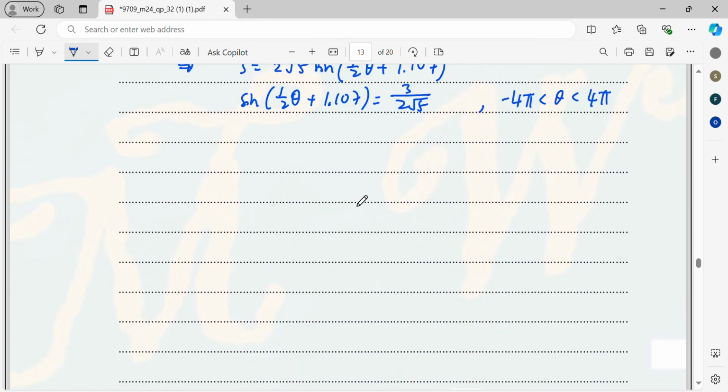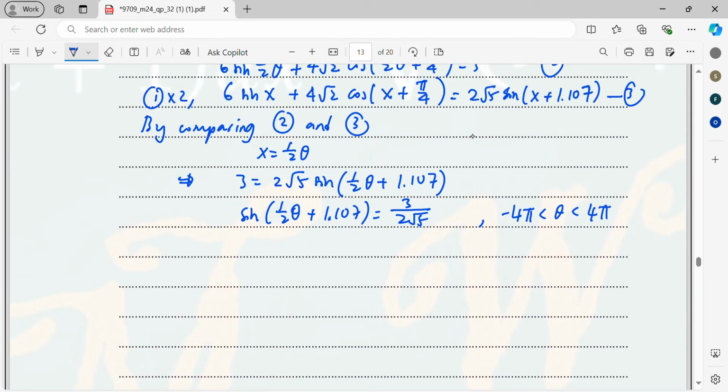Okay, and now I'm solving half theta plus 1.107, which means I have to times by half. So when I times by half, it will be 2 pi and negative 2 pi, and then plus 1.107.